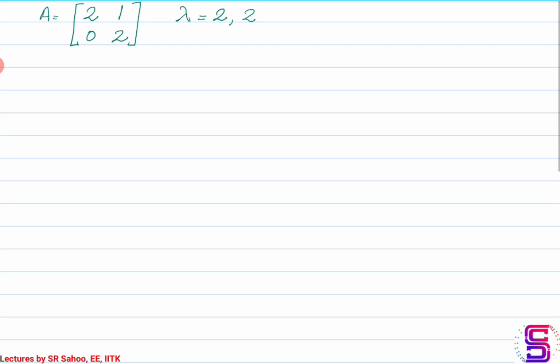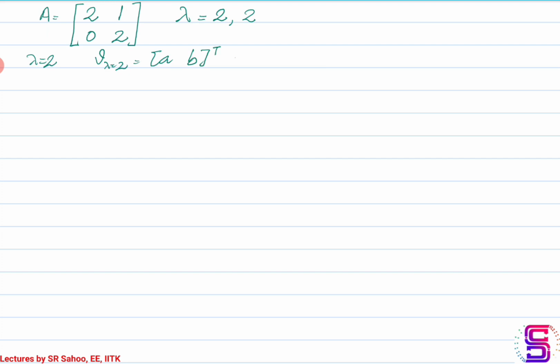What is the corresponding eigenvector for lambda equal to 2? If you denote the eigenvector as V, this will be in R2. Why am I so confident? Because A is a real matrix and the eigenvalue under consideration is also real. So V has to be a real vector.